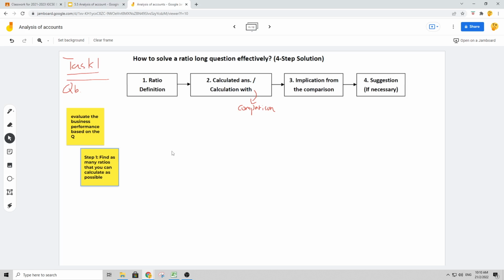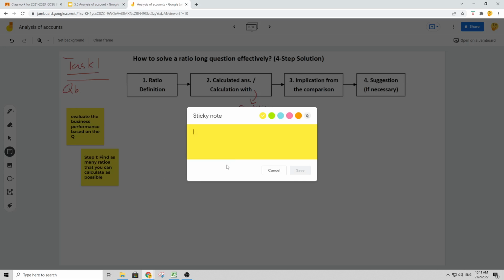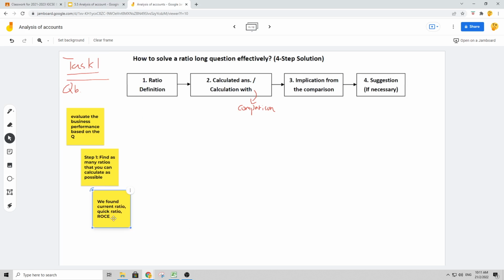So that's basically the first step. We found the current ratio, quick ratio, and also ROCE. Based on the ratios, we're going to do all the analysis and all the evaluation.